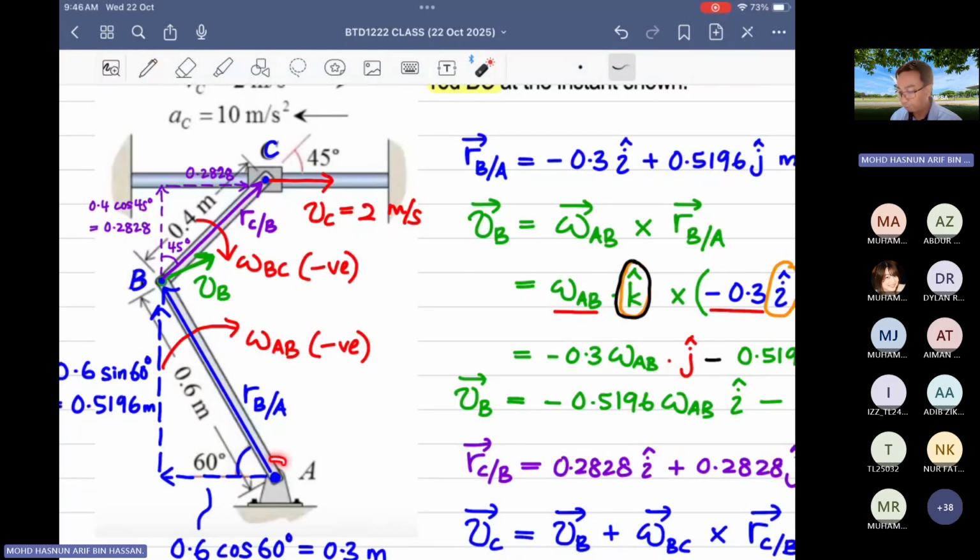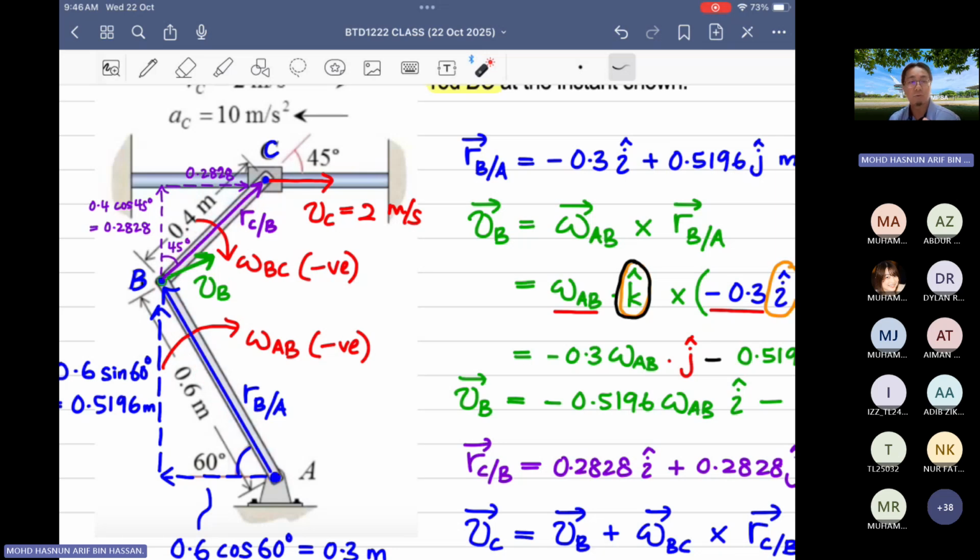So points here, we have point A, which is fixed point. We have point B, connecting point, and we have point C. So these are points. Points will have linear velocity. But in this case, we have two bodies or two rods. Rods AB and also rod BC. So the rod will have angular velocity, which is omega.